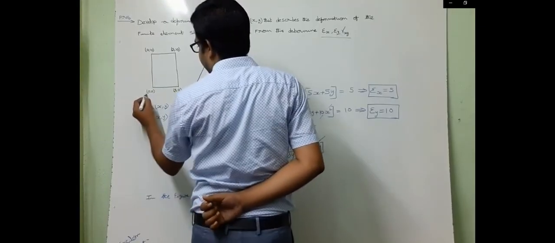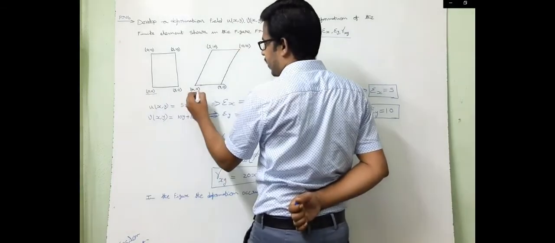So here in the non-deformed body, 0 comma 0, and in the deformed body 4 comma 0.